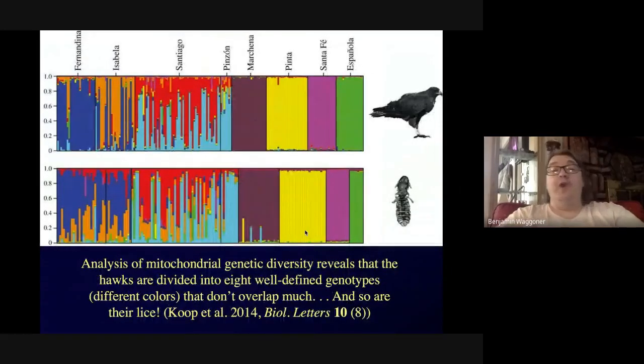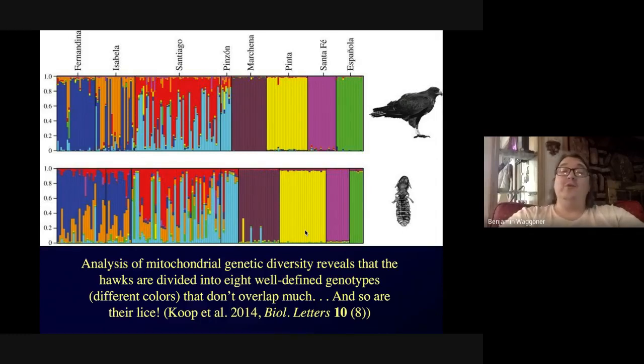And so almost all of the hawks on those 4 islands have sets of alleles that can be assigned to these distinctive clusters that are found almost nowhere else. So you're just looking at a very colorful, color-coded diagram showing you how much of a hawk's ancestry can be assigned to a particular DNA cluster. And you can see that Marchena, Pinta, Santa Fe, Española are very well separated.